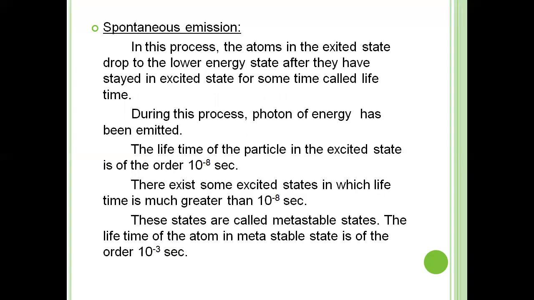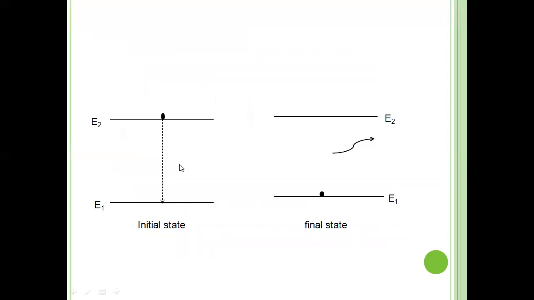The third process, spontaneous emission, happens only when the lifetime is completed. Suppose an atom is in the upper energy level, where it stays for its lifetime, which is about 10 power minus 8 seconds.